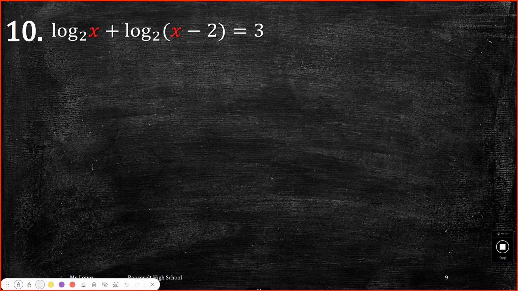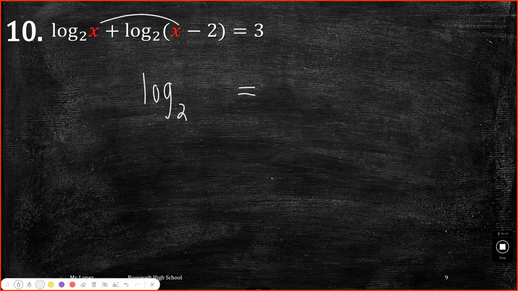We're going to go from 2 logs to 1 log by using which property? Product property. So we're going to have log base 2 of, and we're multiplying. Plus corresponds to multiply.